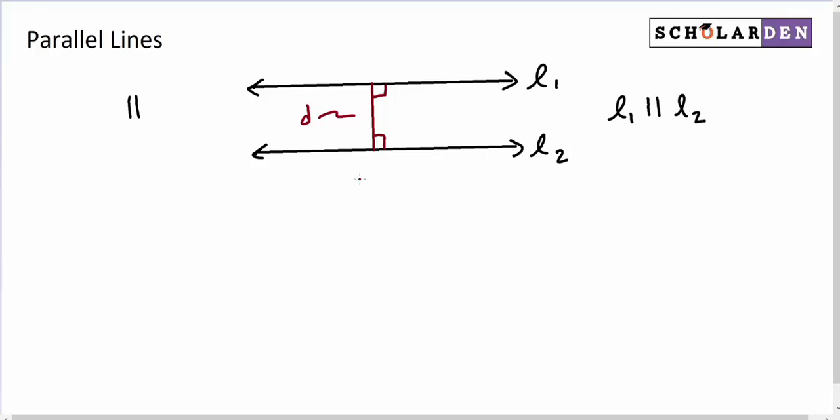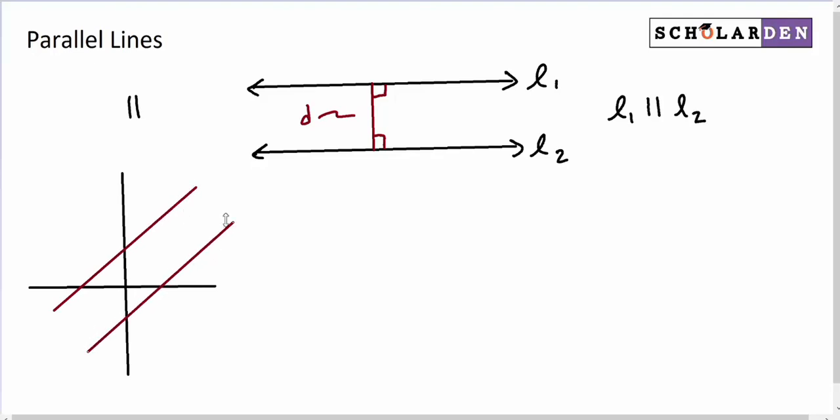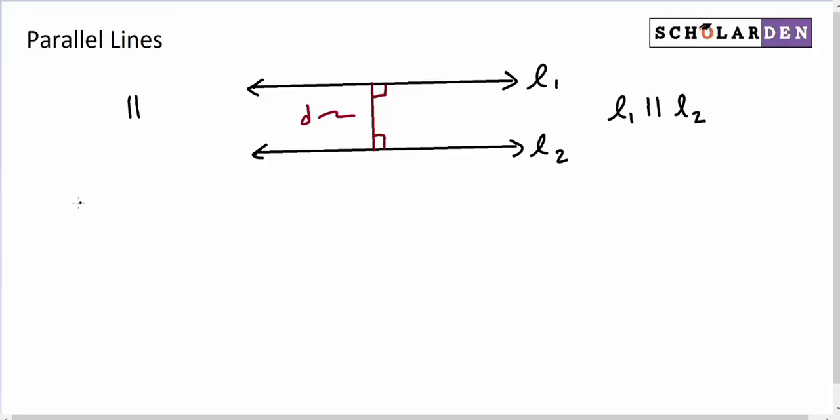Now, two parallel lines are going to have the same slope. If we were to make a coordinate axis here and draw a line here, and we have another line here, if those two lines have the same slope, they're parallel. So let's say the formula for one line is y equals mx plus b.